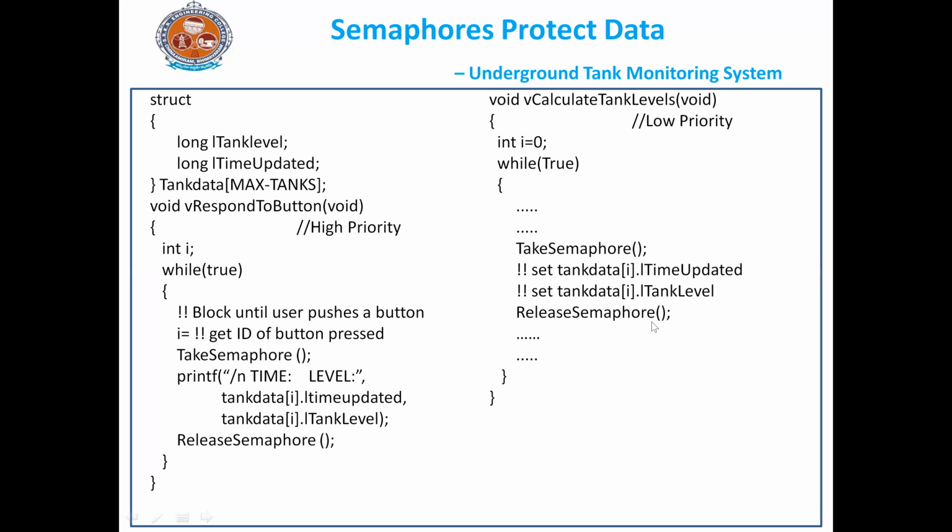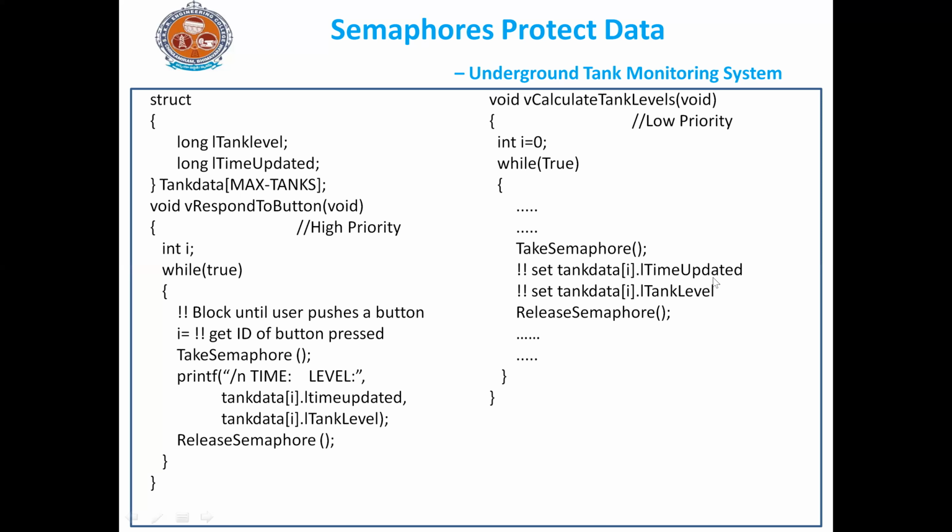Once the semaphore is released, since the other task is already blocked for the semaphore, immediately the control will come here, because this is the high priority task. So again the control comes to the respond to button task, and the released semaphore will be taken by it. Now this task will take the semaphore, and now it will print the data.